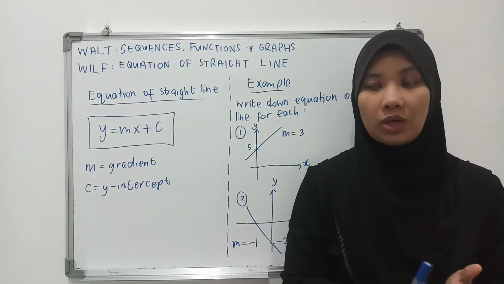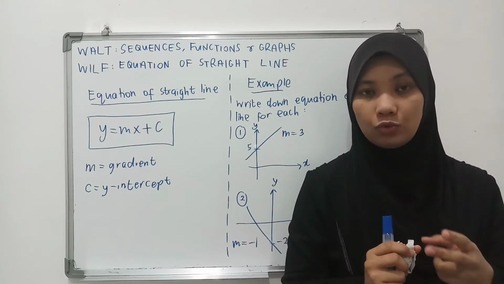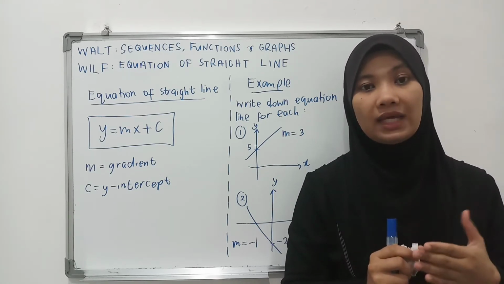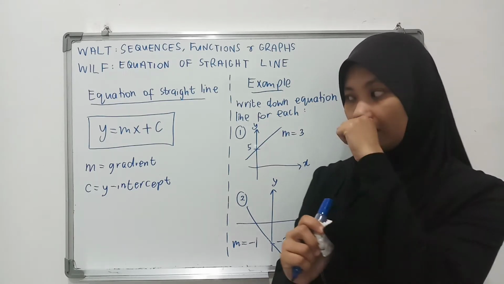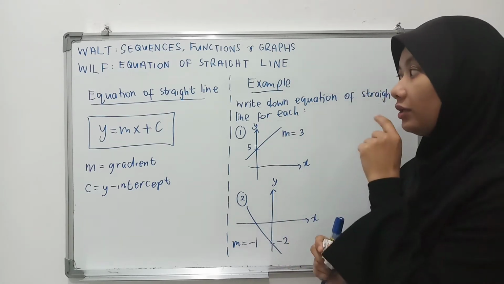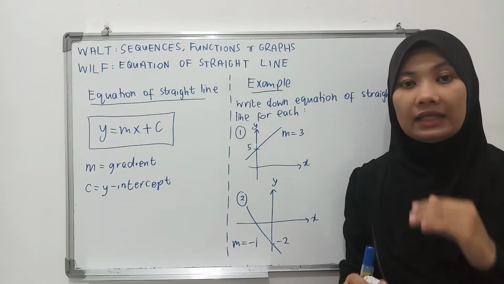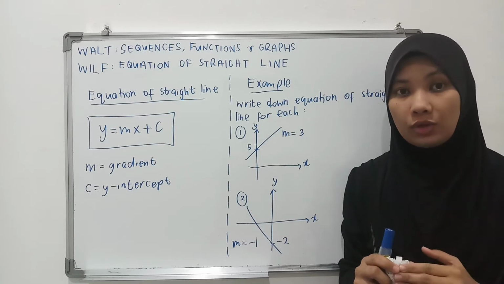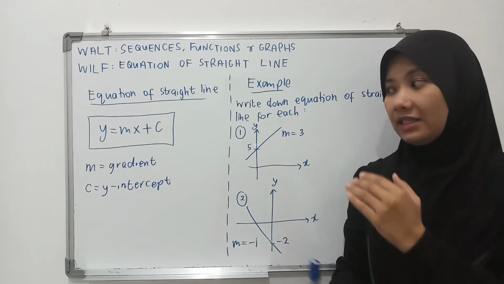Okay, so now let's look at a few examples before I assign you the exercise on how to find equation of straight line. I need you guys to use your exercise book, not notebook. Sorry, your exercise book. Please, this is your notes.